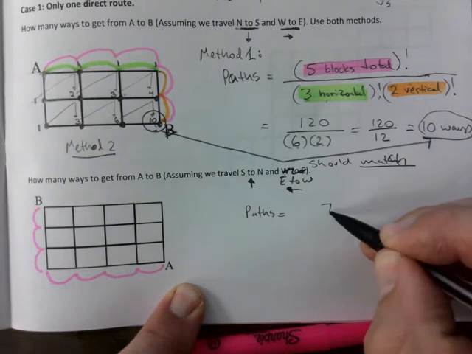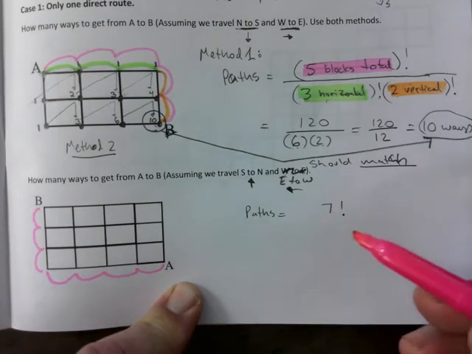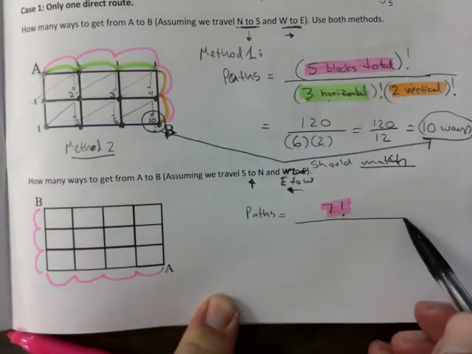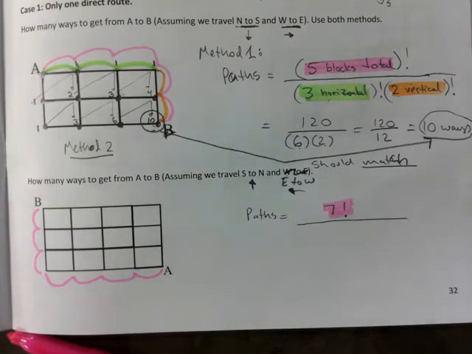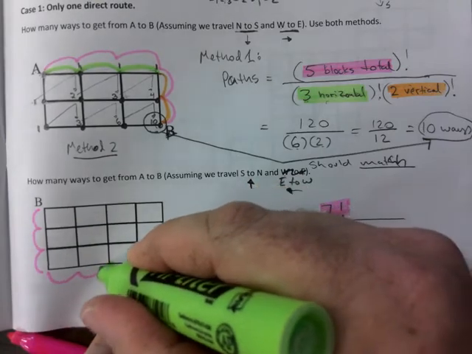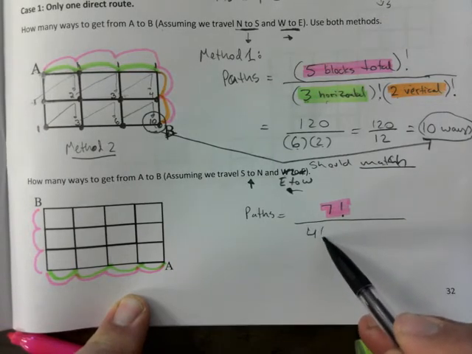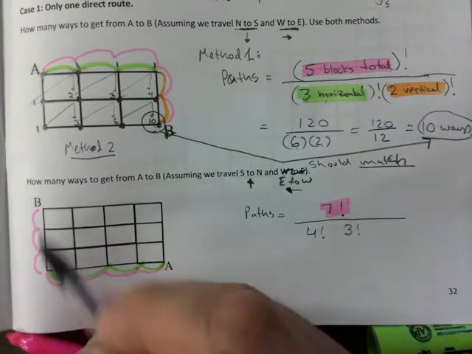It'd be 7 factorial, and that's the pink, divided by, what did I use for horizontal? Green. So I'm going to stick with it in this one. So there's 1, 2, 3, 4. 4 factorial for horizontal travel, and there's 3 factorial for vertical travel.